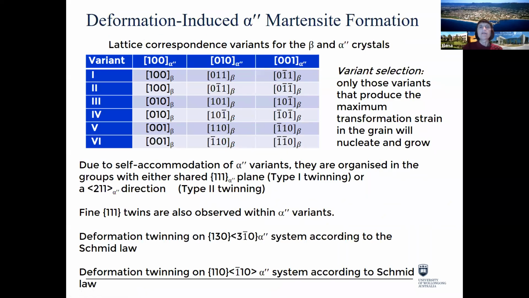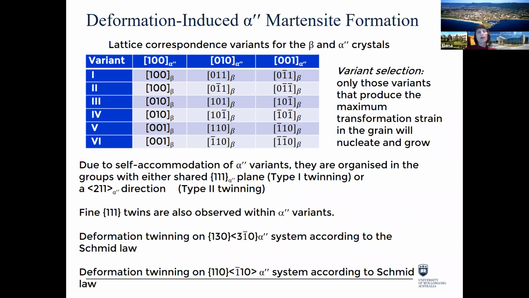So I will start first by talking about martensite formation, and then we'll move to omega and twinning and their combinations. Typically, according to orientation relationships, for a random situation we could have up to 6 variants formed in one grain of beta phase.